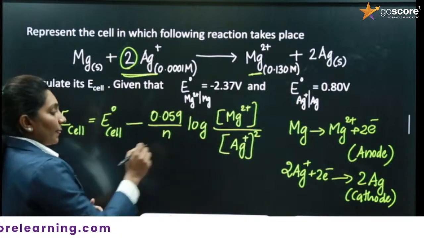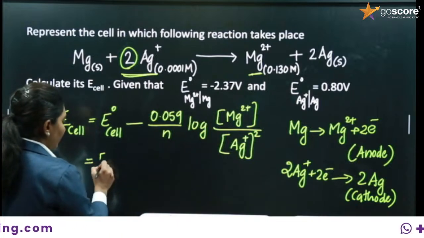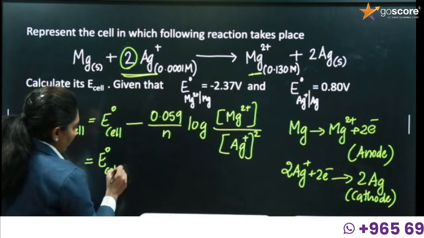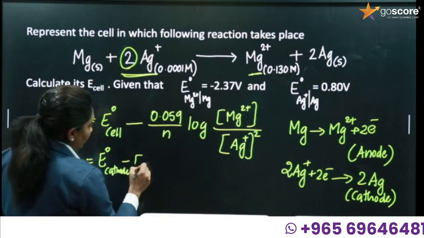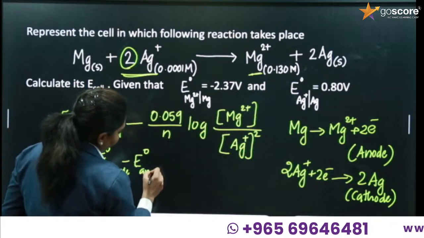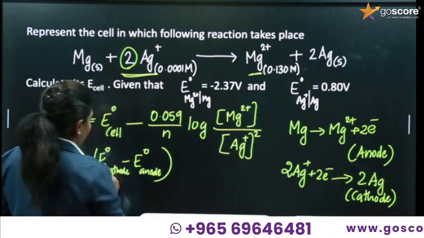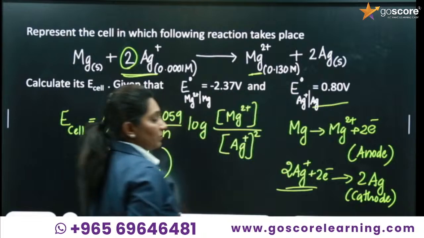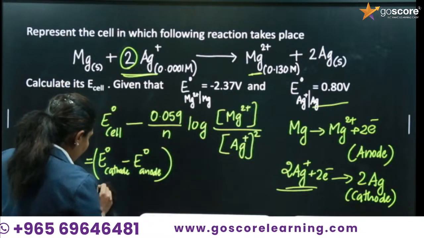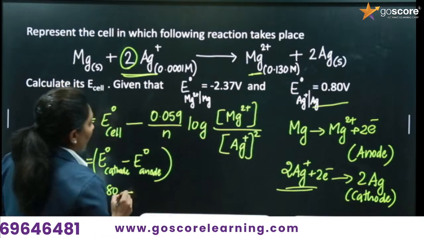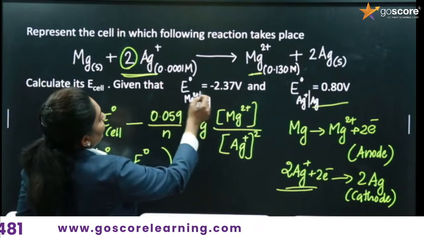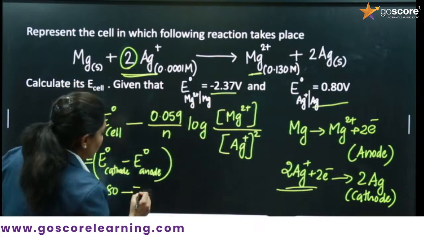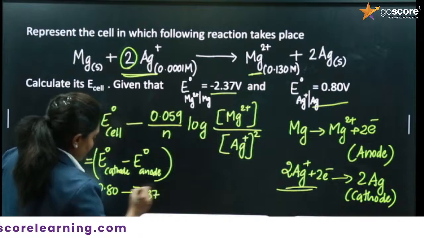So here E0 cell is E0 cathode minus E0 anode, right? Which one is the cathode? Silver. So this will be the value 0.80 minus minus 2.37.